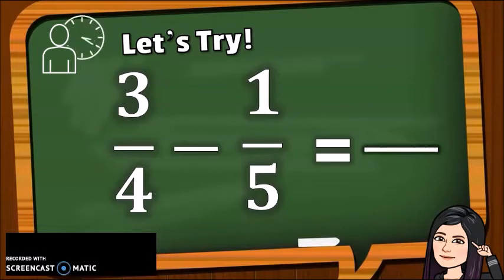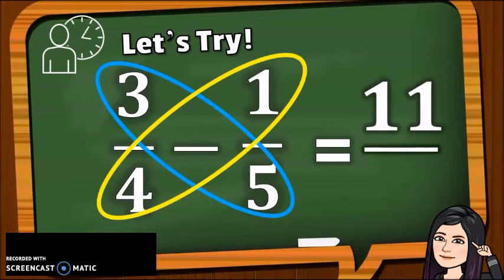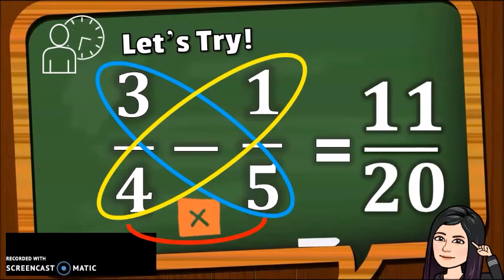So cross multiply 3 and 5 will give an answer of 15. 4 times 1 is equal to 4. And then 15 minus 4 is equal to 11. Multiply the denominators will give a product of 20. So the answer to this equation is 11 over 20.